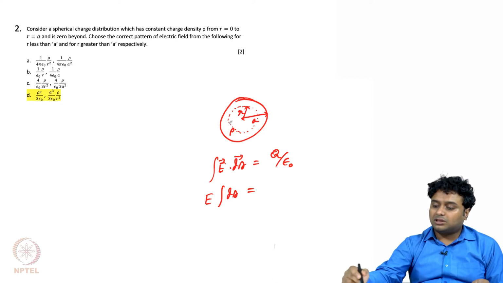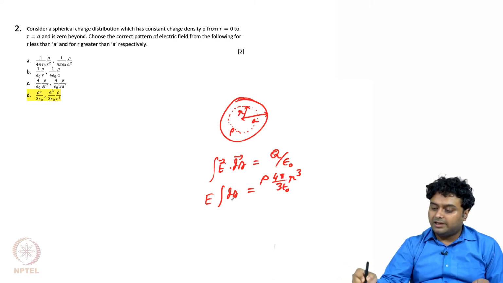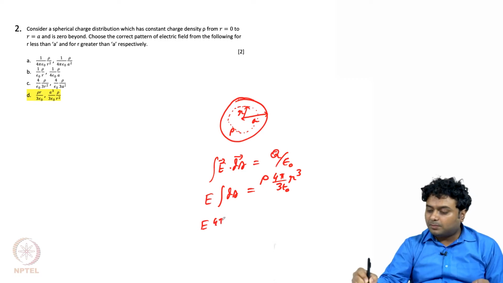Now how much charge is it enclosing? That is charge density into its volume. What is the volume of a sphere of radius r? That is 4 pi by 3 r cube, and then you have epsilon naught also here. And ds is the area of the Gaussian surface of radius r, that is 4 pi r square.